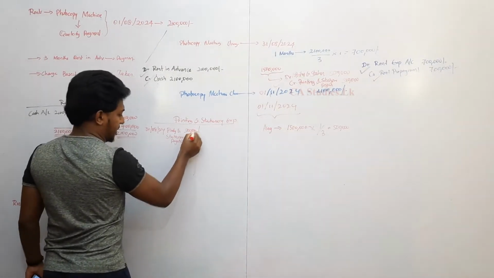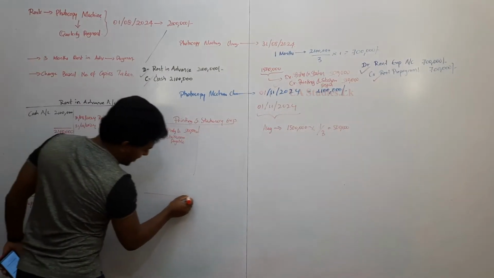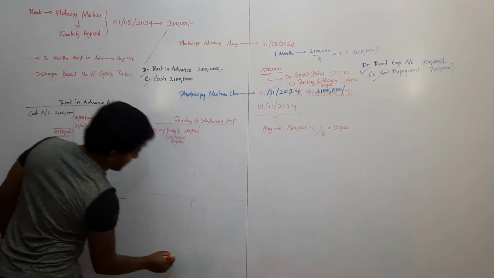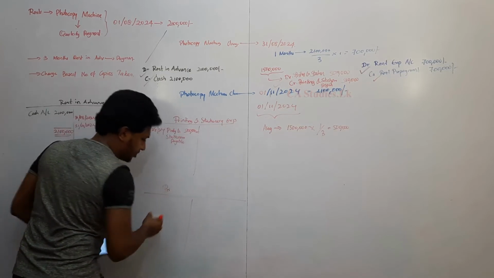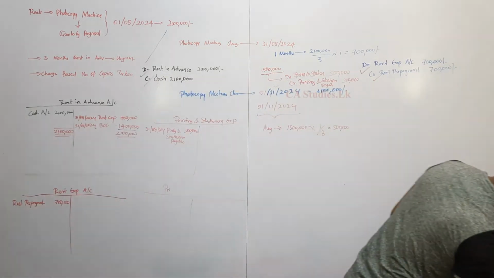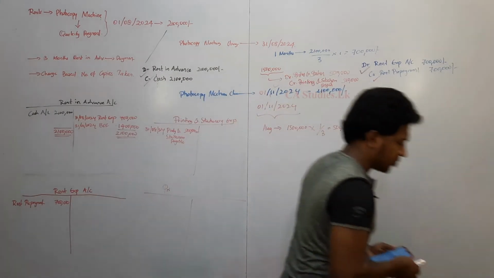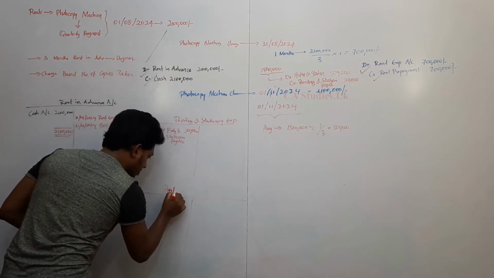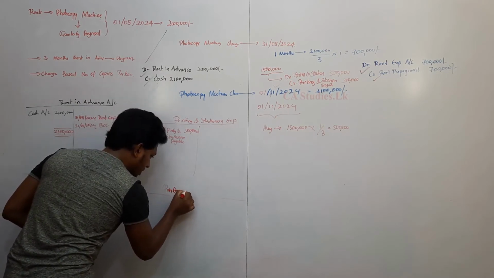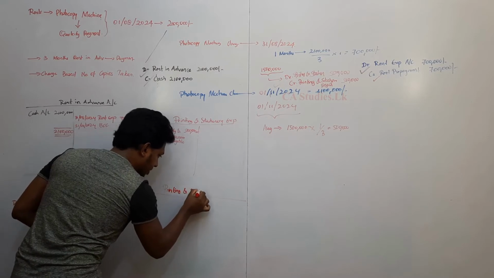So accrued expense. Accrued expense is a liability. Liability is printing and stationery payable.